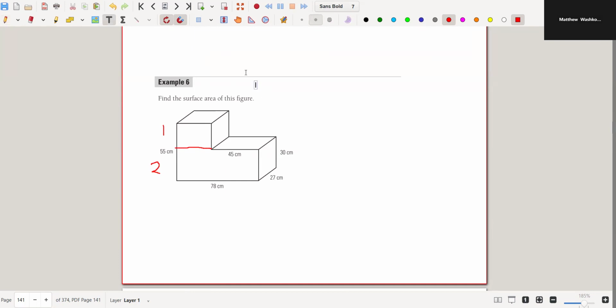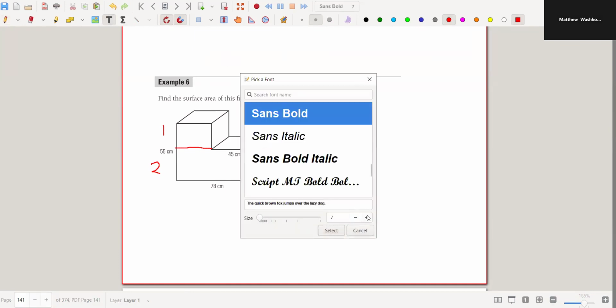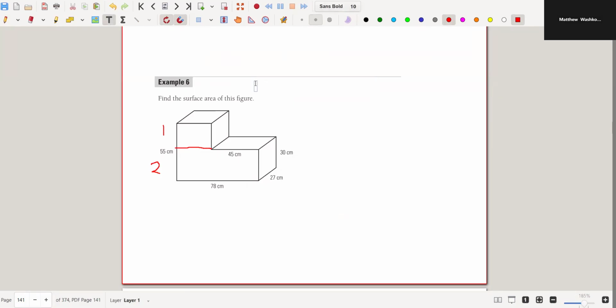Now, write your little formula here. What do I mean by formula? Well, the surface area is equal to shape 1 plus shape 2. Simple enough. But shape 1 is equal to what? It's equal to the front and the back side, the top, no bottom, and the right side and the left side.